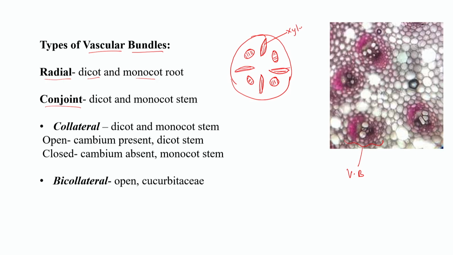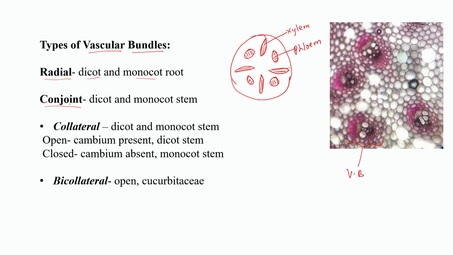So, xylem and phloem patches. Here you can see that they are radially side by side. Xylem is forming a different patch and phloem is forming a different patch, and this arrangement is radial. That means xylem and phloem both have different radii.